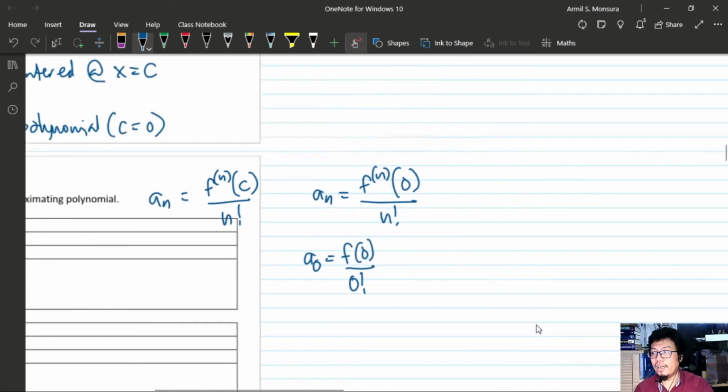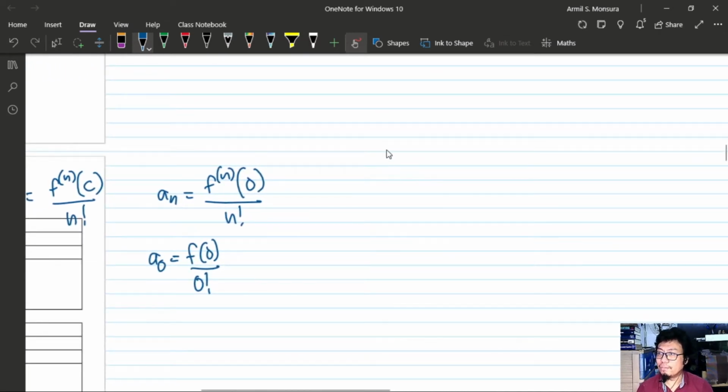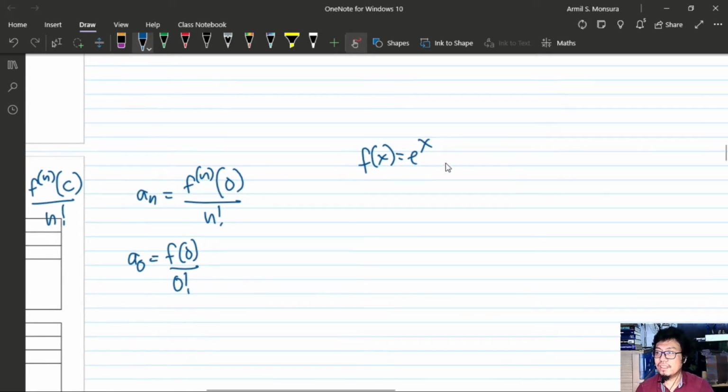Take note that f of x is e raised to x. And luckily for us, the derivative of this is the same as the function itself. So f of x equals e raised to x, f prime of x is e raised to x, f double prime of x is e raised to x, and so on. From here, a0 is f of 0 over 0 factorial. So f of 0 is e raised to 0, that is 1, over 0 factorial, which is 1.